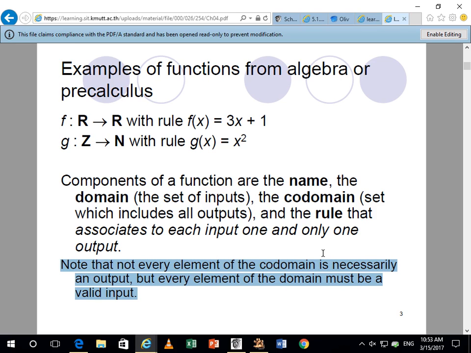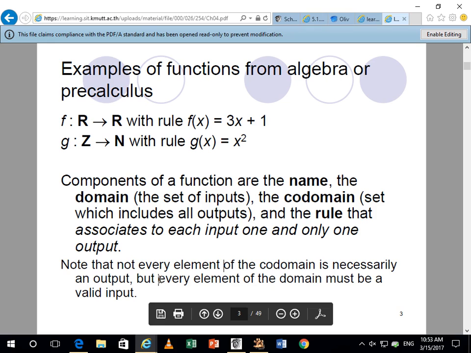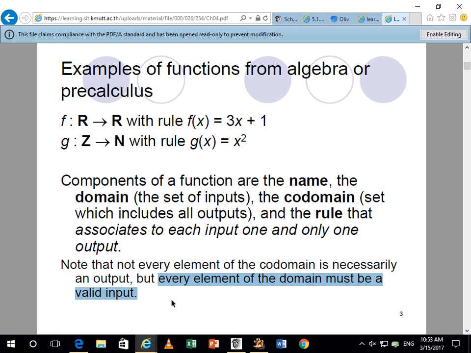But every element of the domain must be a valid input. That means, since it says the input has to be a real number, we cannot put a complex number in there, for example, because this maps real to real. We cannot put i in here, for example, a complex number.